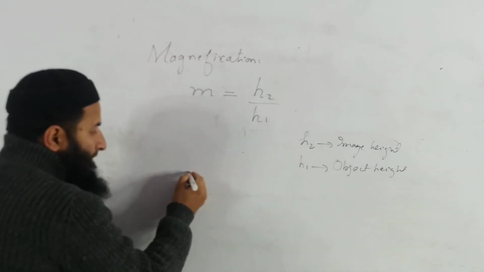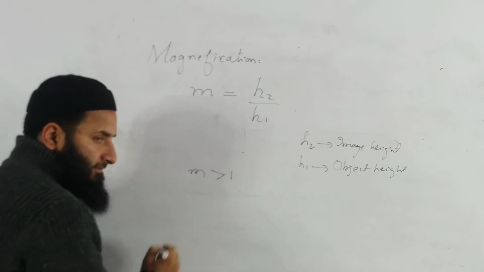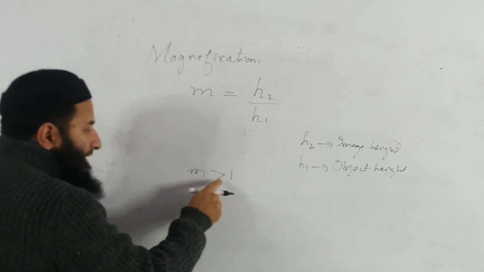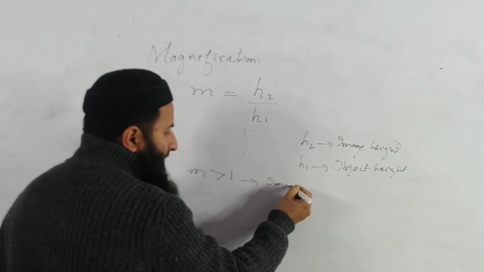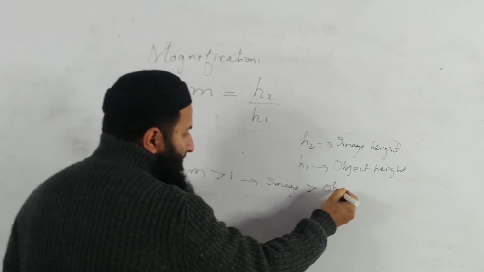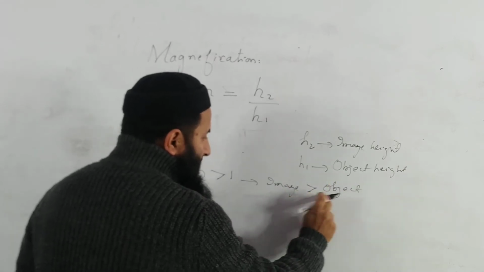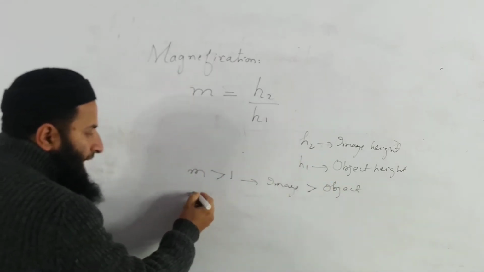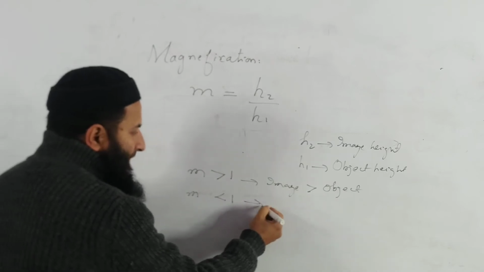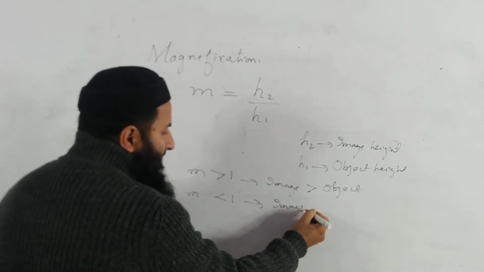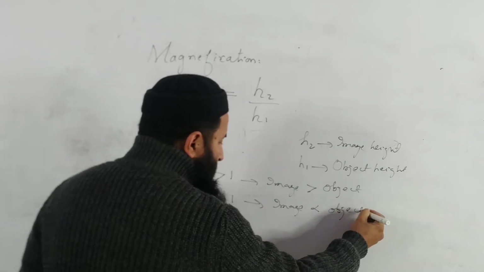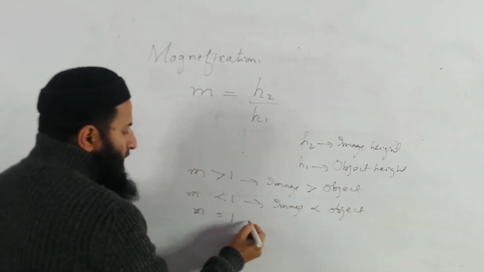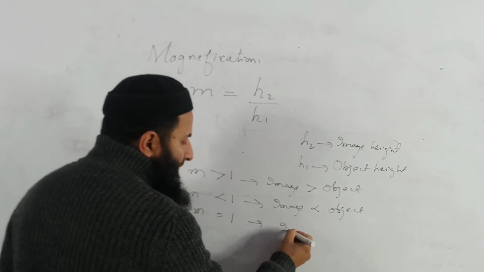The value of m can be greater than 1, which depicts that the size of the image is greater than the size of the object. The value of m can be less than 1, which depicts that the size of the image is smaller than the size of the object. m can be equal to 1, which means the size of the object and image is equal.